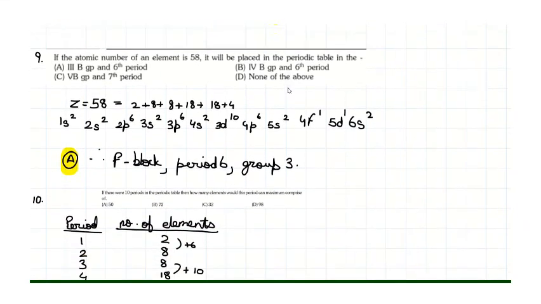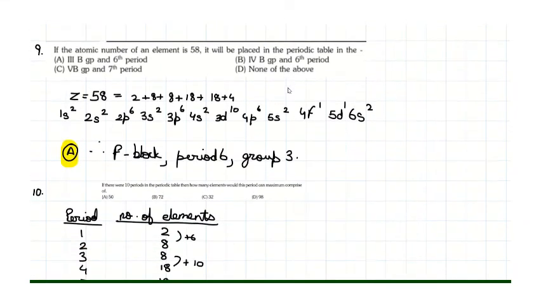In the ninth question, it is given to us that the atomic number of an element is 58. We have to find the position of the element in the periodic table. Now we can write down the electronic configuration as follows: 1s2, 2s2, 2p6, 3s2, 3p6, 3d10, 4s2, 4p6, 5s2, 4f1, 4d1, 5d1 and 6s2.